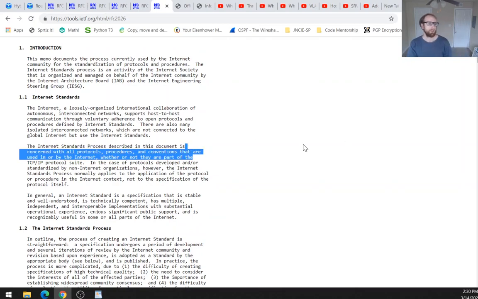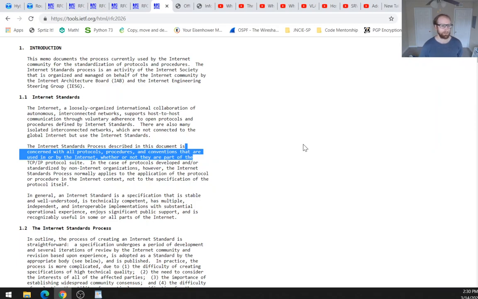Okay, so the Internet, a loosely organized international collaboration of autonomous interconnected networks, supports host-to-host communication through voluntary adherence to open standards and procedures defined by Internet standards. There are also many isolated interconnected networks which are not connected to the global Internet but use the Internet standards.